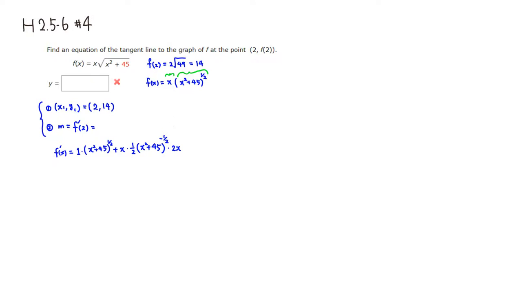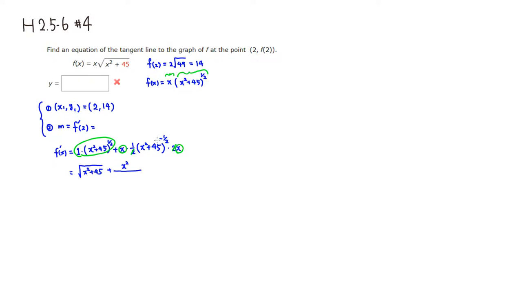Then we can clean this up a little bit. You have a 2 on top and a 2 on the bottom. So we can rewrite it as the square root of x squared plus 45, plus, we already took care of the first term, and we have x here and another x there, so we have x squared on top.